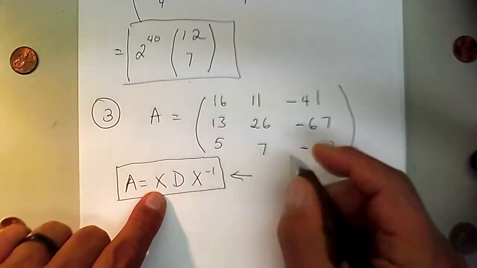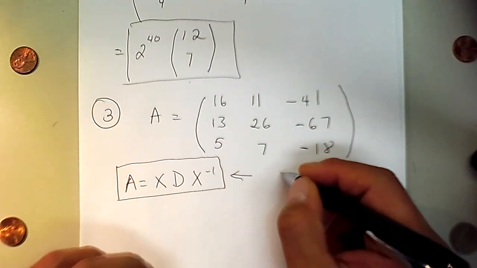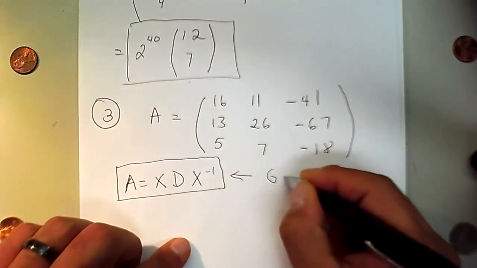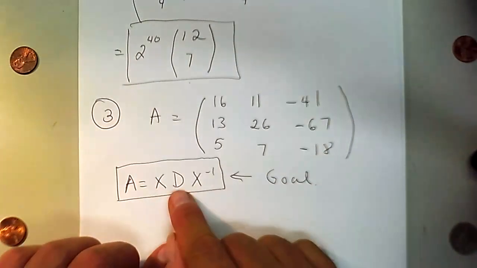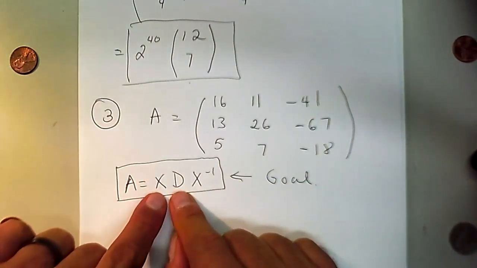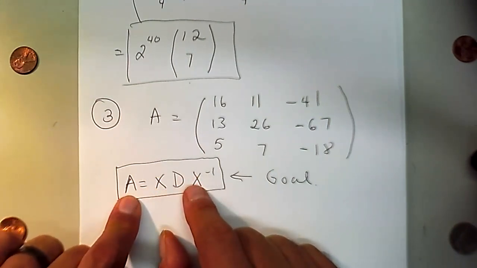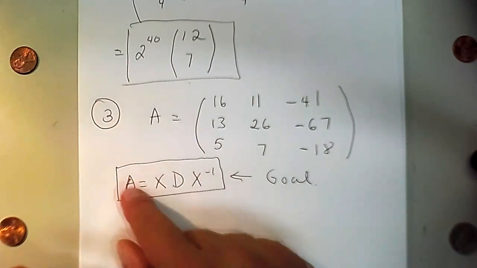Yes, that is our goal: to find the diagonal matrix and this matrix, so that when we multiply those 3 together, we end up back with A.